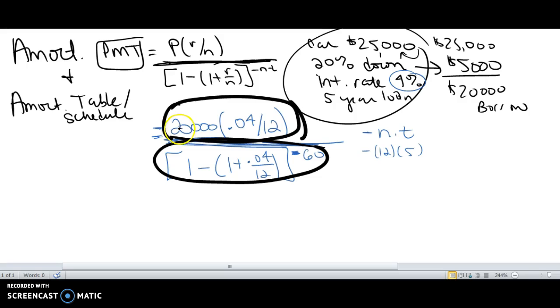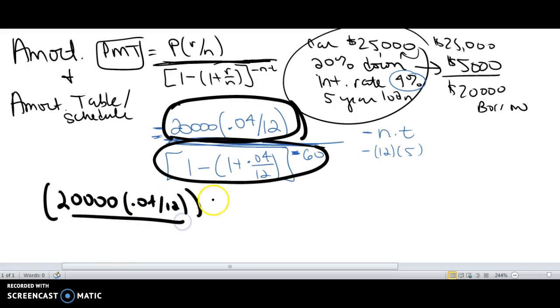So on my calculator, I'm just going to type in 20,000, and then times 0.04 divided by 12, and that's my numerator right there. That's everything in the numerator. Hit the divide key, and then do 1 minus another parenthesis, 1 plus 0.04 divided by 12, double parenthesis, and is that right?